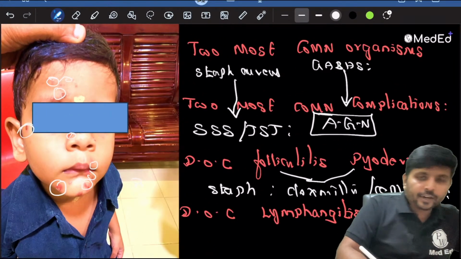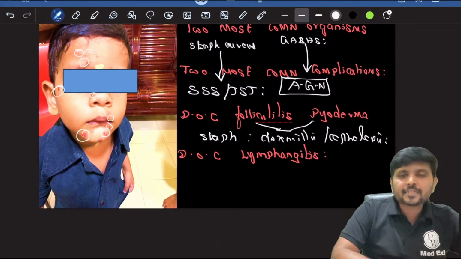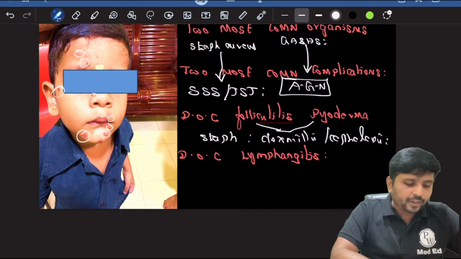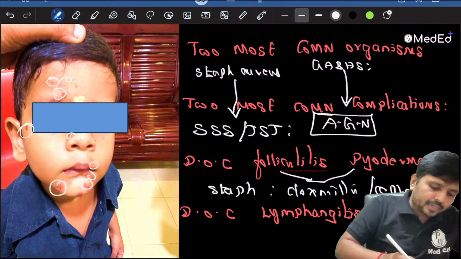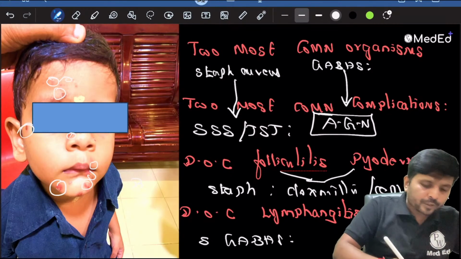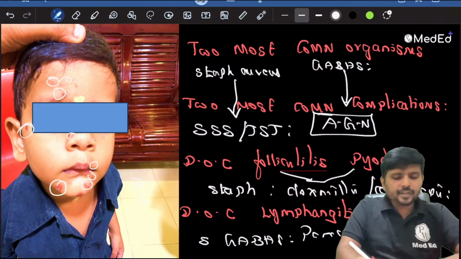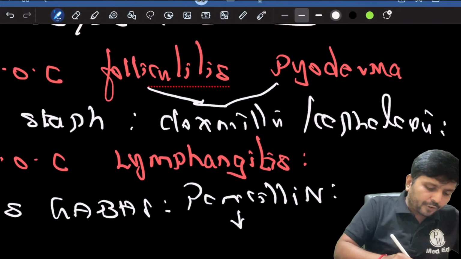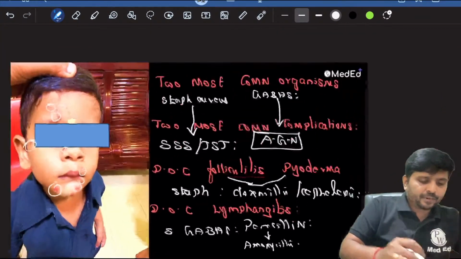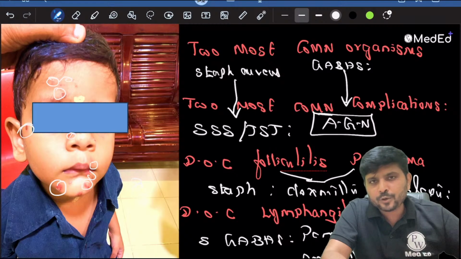Whereas drug of choice for lymphangitis: lymphangitis is usually due to group A beta hemolytic streptococci, for which even a simple penicillin is more than enough. Penicillin is not available, so we often use amoxicillin. But benefit of doubt, any skin infection, first generation antibiotics such as cephalexin or cefadroxil can be useful.